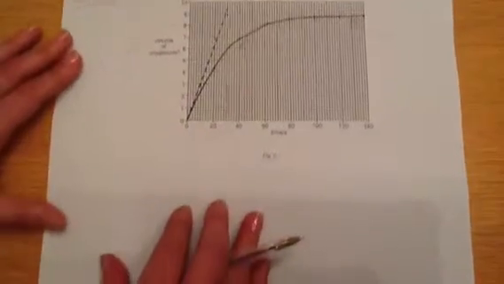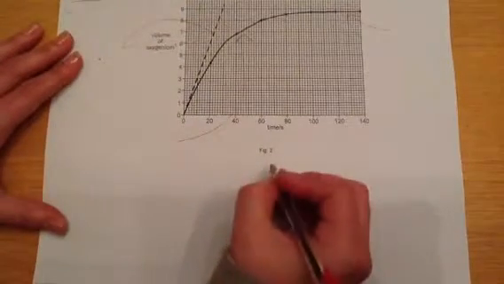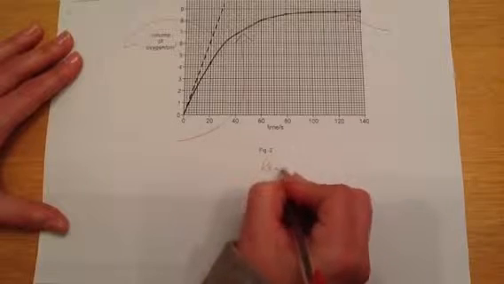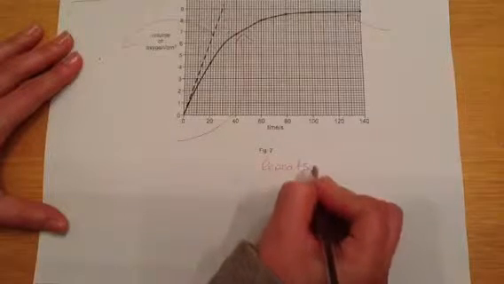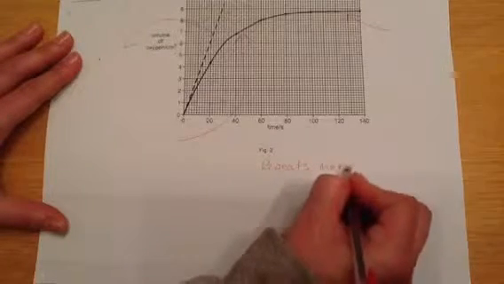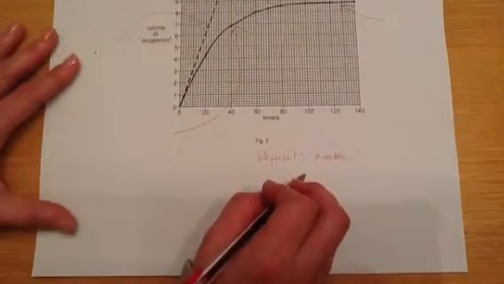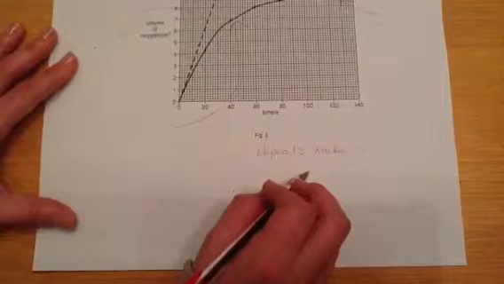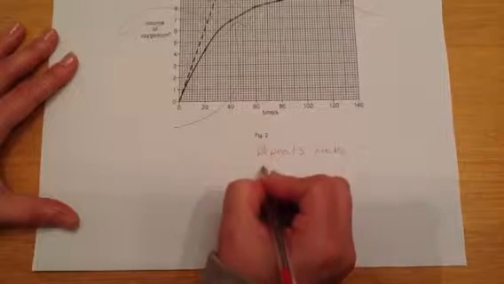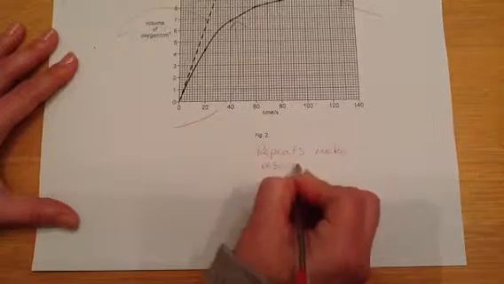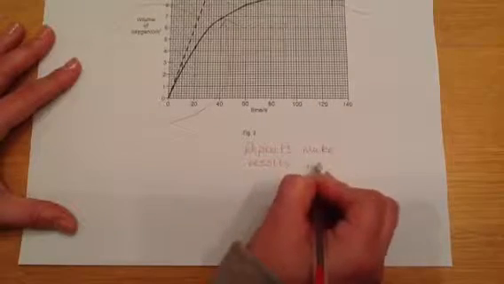Now, something else that I want you to consider is the idea of repeats. So for any experiment, you should always aim to repeat your experiment as many times as need be, because repeats, if you remember, make your results reliable.